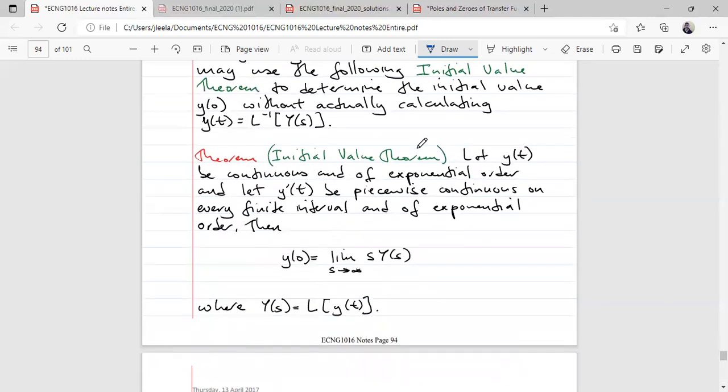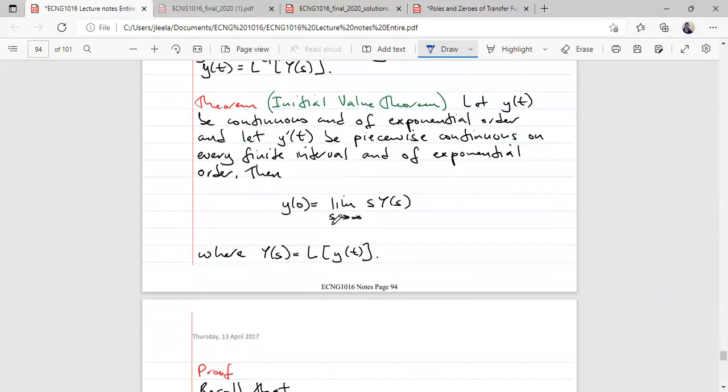Theorem, initial value theorem. Let y(t) be continuous and of exponential order, and let y'(t), the derivative of y(t), be piecewise continuous on every finite interval and of exponential order. Then the initial condition y(0) is equal to the limit as s approaches infinity of s Y(s).